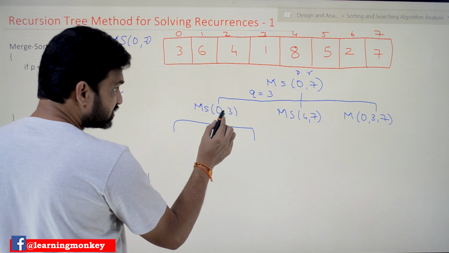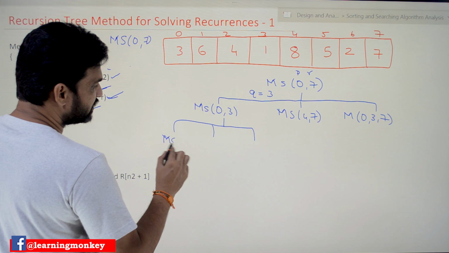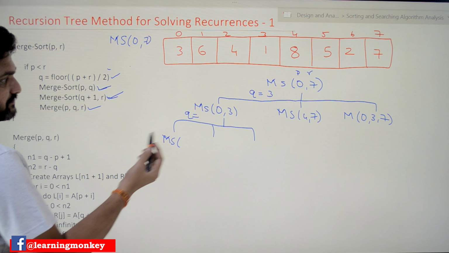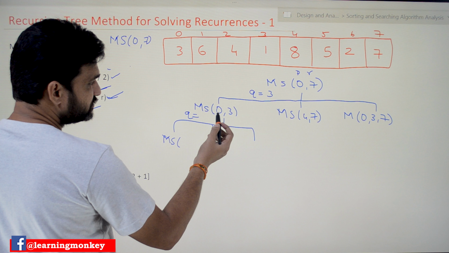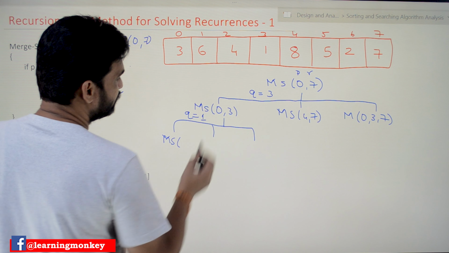For this function call to complete, it is again going to make three function calls. The value of q is (0 + 3)/2, which is 1.5, and the floor value is 1.